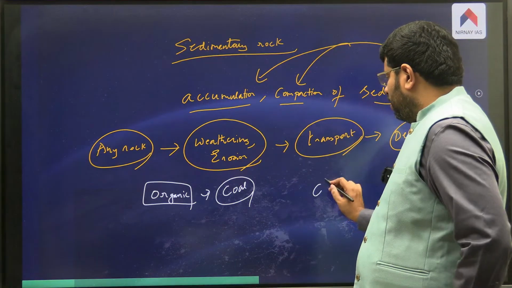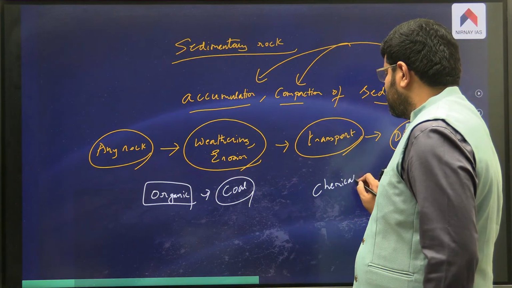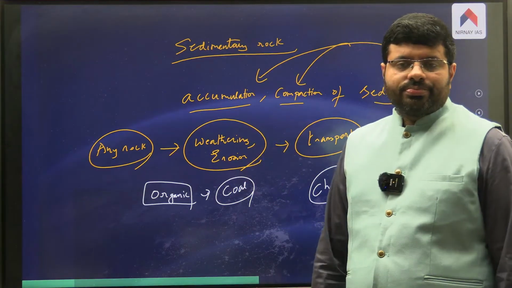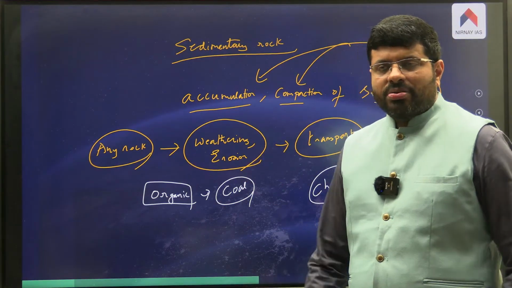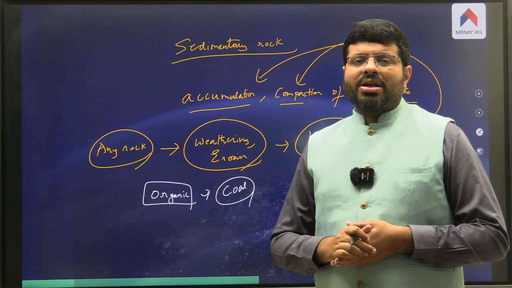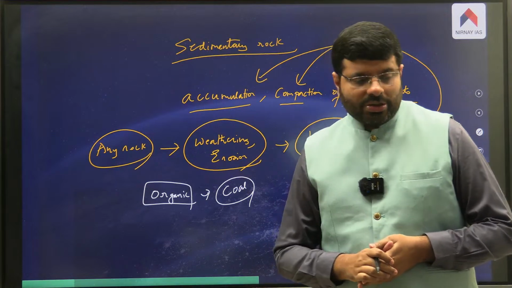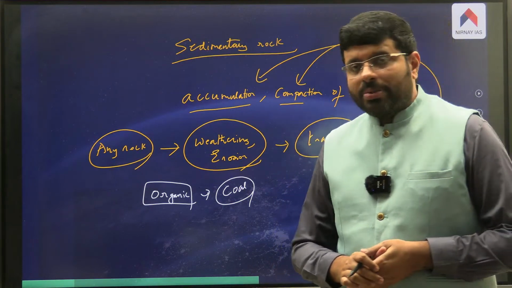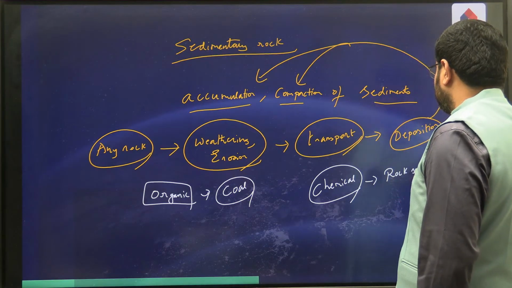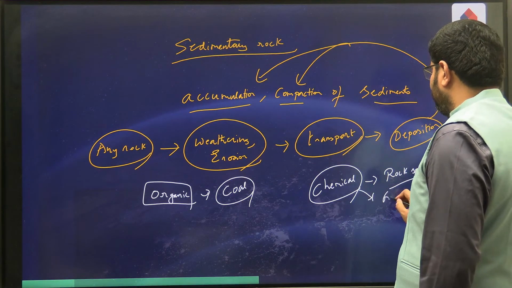What if the things occur on a chemical basis? Chemical accumulation. So maybe the precipitation, the mineral precipitation, whatever the things are. From this, you take something like rock salt, gypsum.